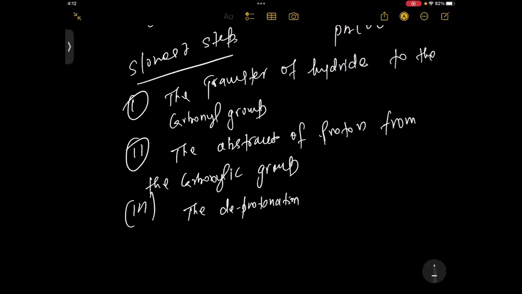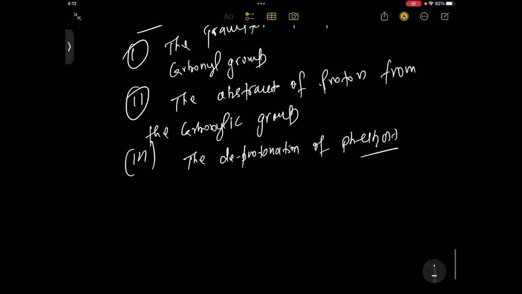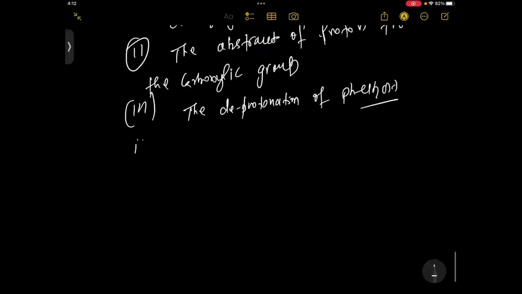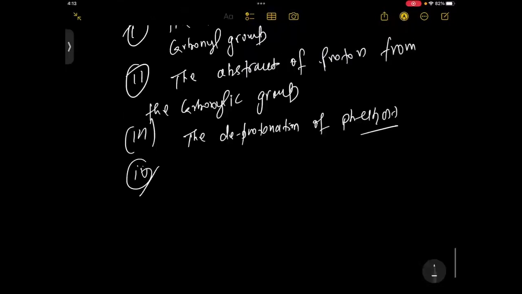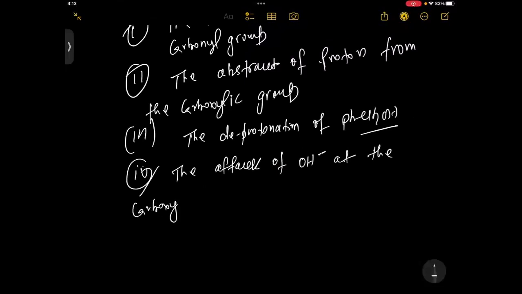And fourth is the attack of OH minus at the carbonyl group. So which option is going to be the correct one here?